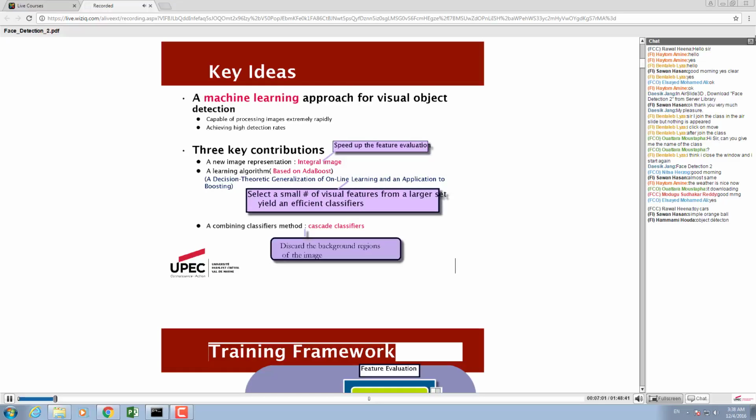The second step is to understand the AdaBoost training part, the learning part. And then you have to understand how cascade classification is applied to this AdaBoost. That's all we need to understand for this algorithm. So today we'll start from the features: the integral image and Haar-like features.